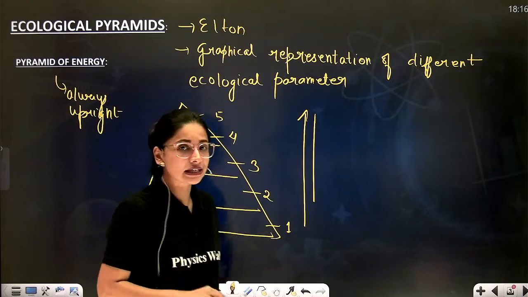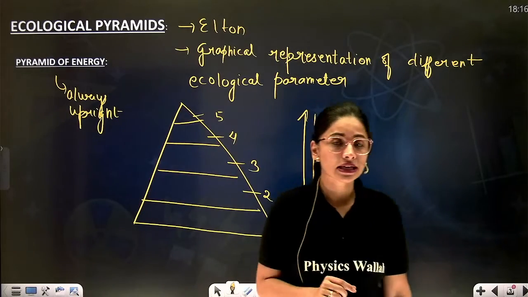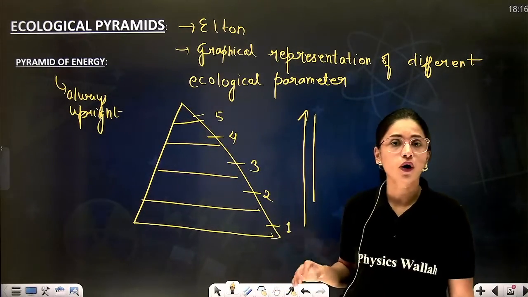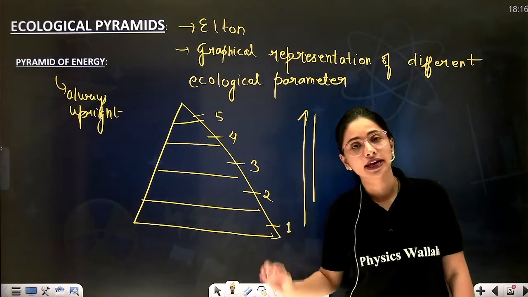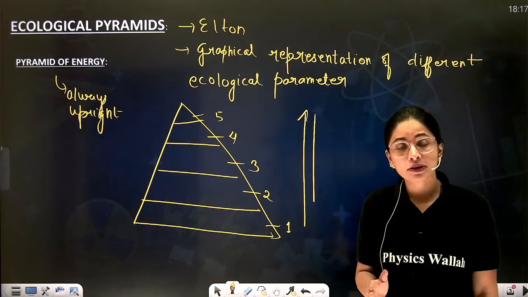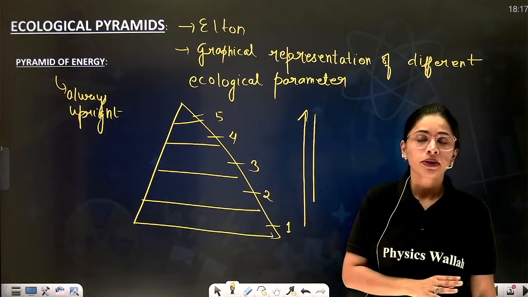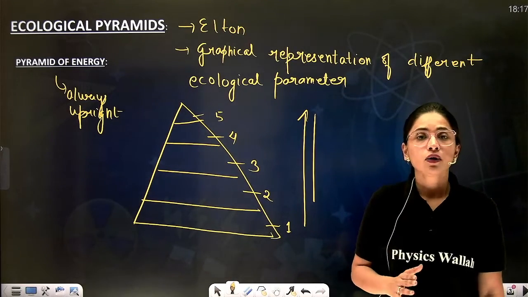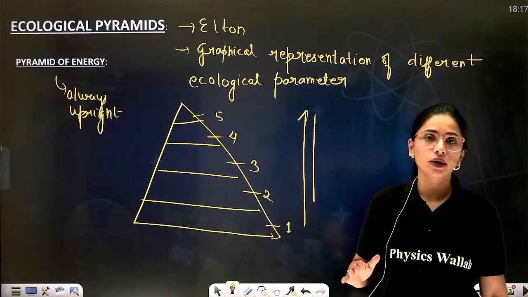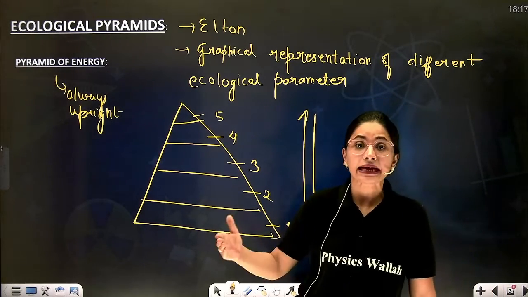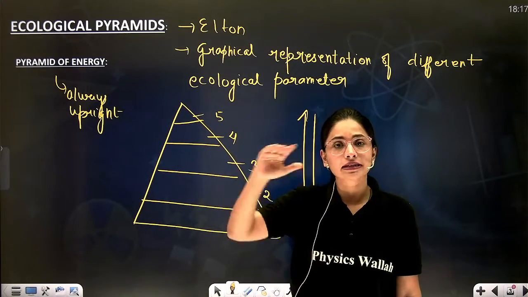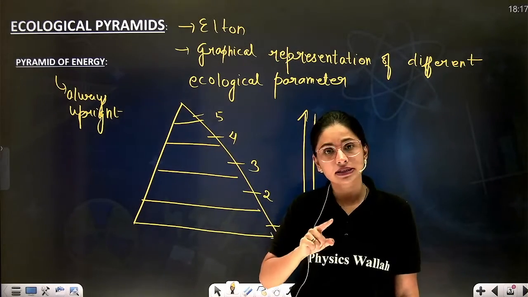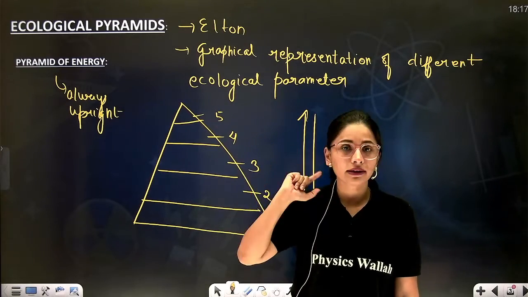In our last class we discussed the 10% law, which explains that if the energy passes from one trophic level to the second trophic level, then 90% of energy will be wasted in the form of heat and only 10% of the total stored energy will be transferred to the second trophic level. That means as the trophic level increases, the amount of energy received keeps on decreasing.